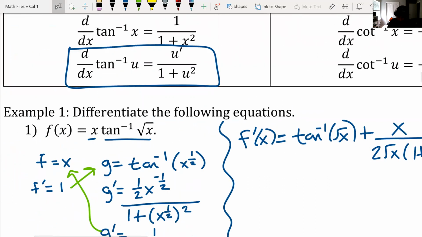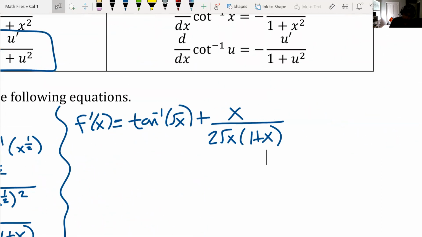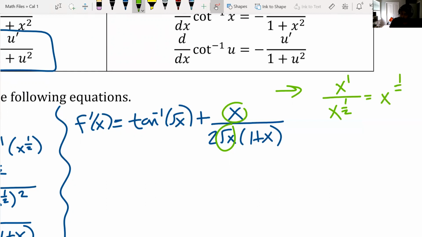Just make sure I have that right. X over 1 over 2 square root of x times 1 plus x, which means now you can actually simplify this x and that. That's x over x to the 1/2, which should be just x to the 1/2.